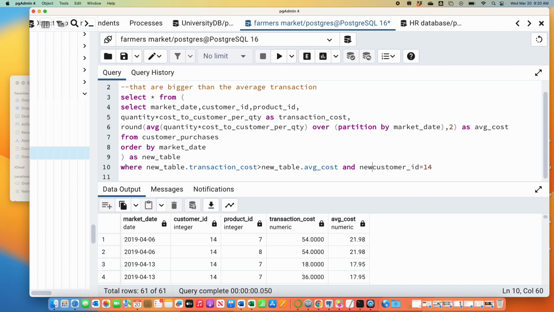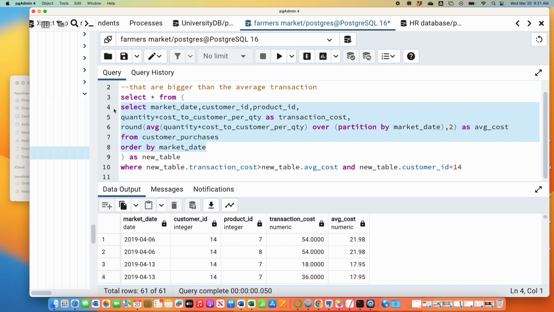And here, I guess I should have been more formal. As you can see, it's not required here, because there's no ambiguity about what customer ID is. But yeah, you're giving this a name because we can't usually pull from average cost directly. Average cost is a column that you made within this table here.